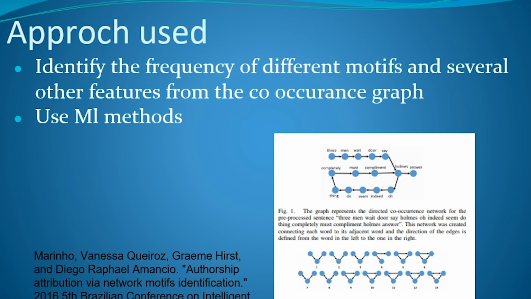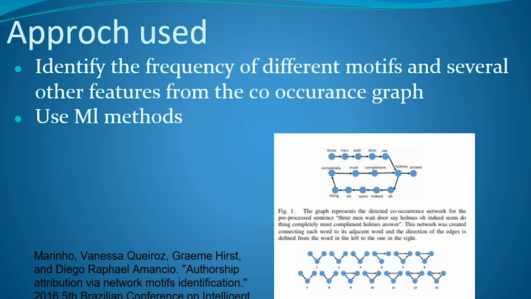So the procedure is identify the frequency of different motifs. I have seen what a motif is. So we make the co-occurrence matrix and identify the frequency of different motifs in the class.